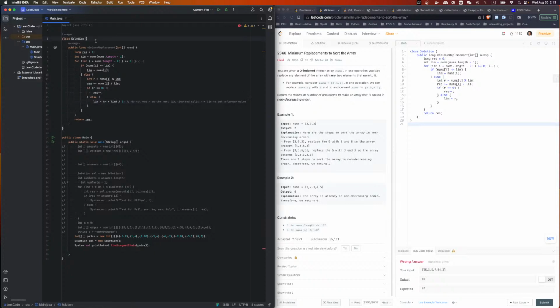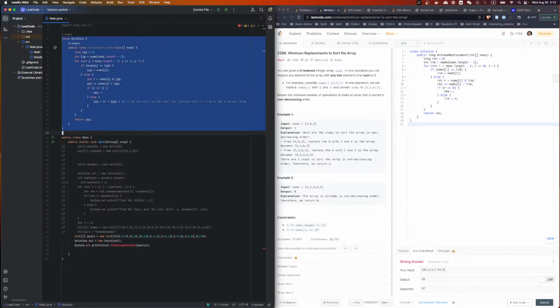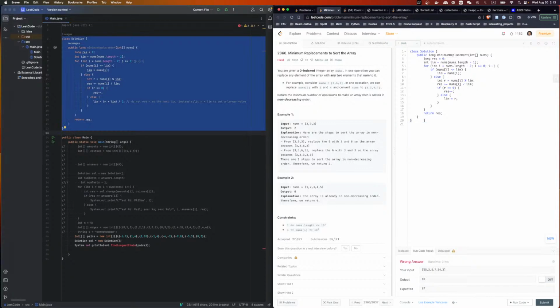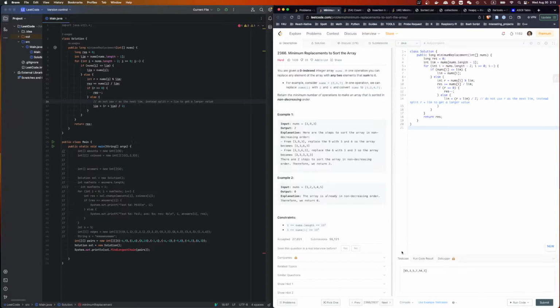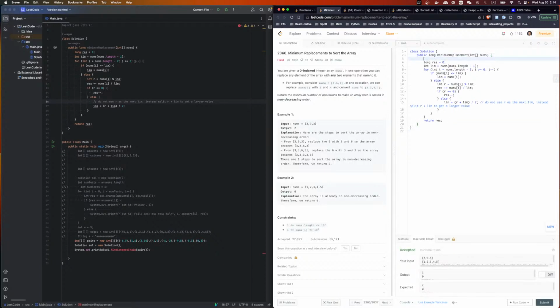So with this simple change, we might get it right in this one. Yep. I think that's the case. Yep. So we can say it's greedy.